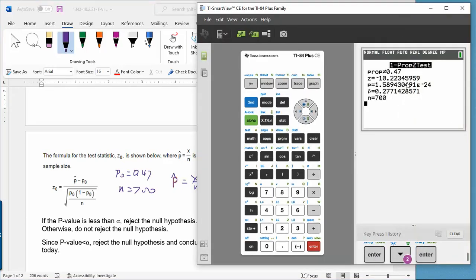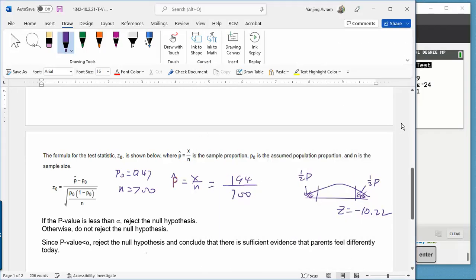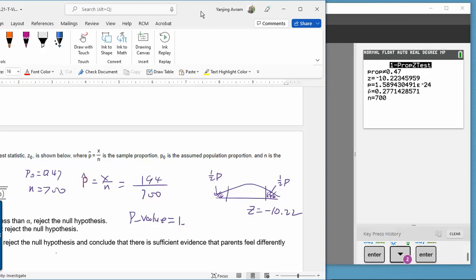It also gives the p value directly. This one is in scientific notation: 1.5894 times 10 to the negative 24.